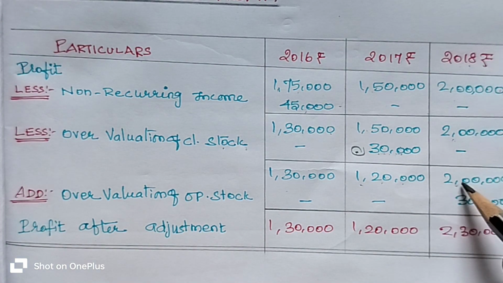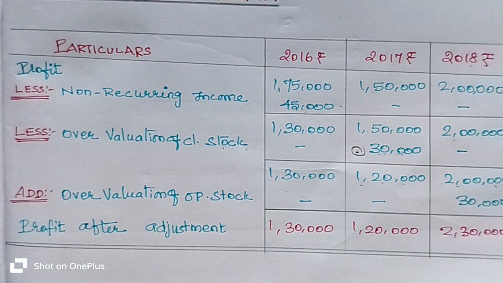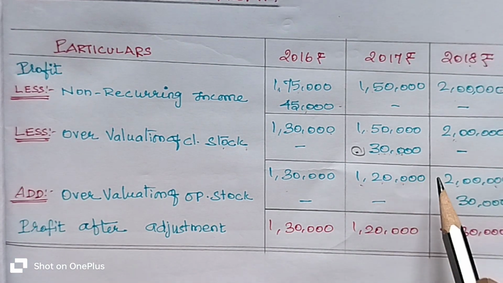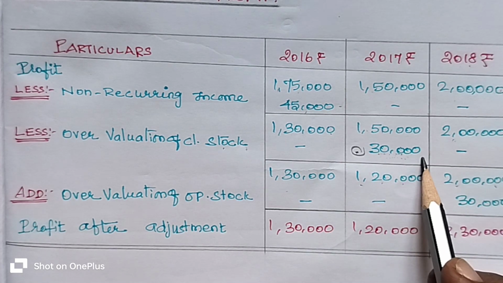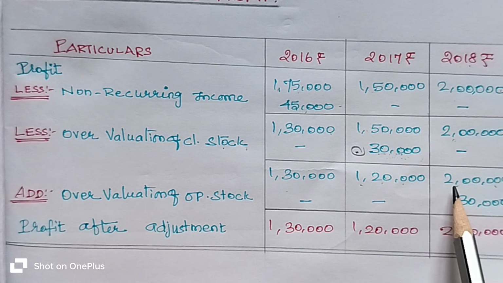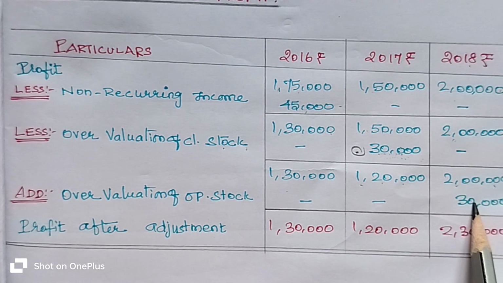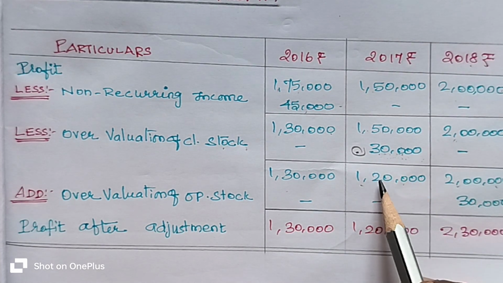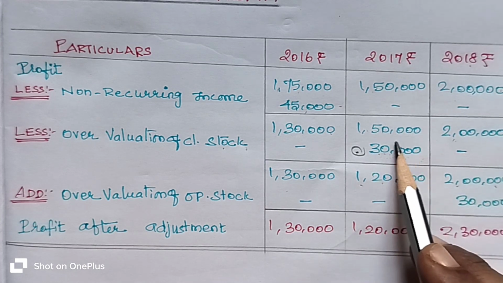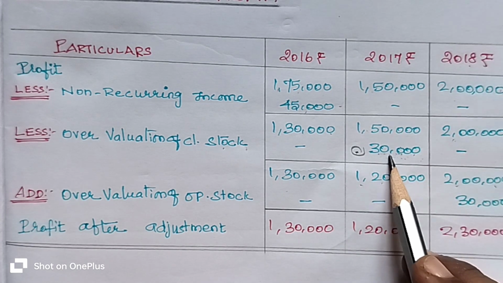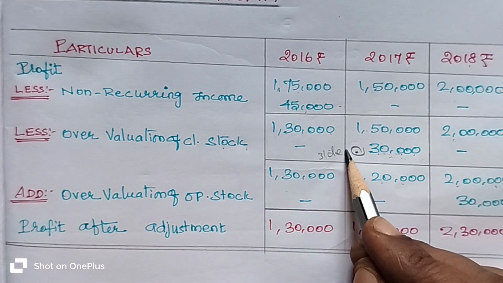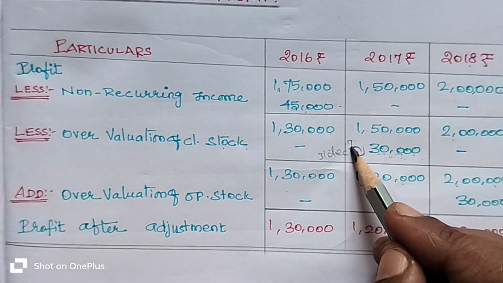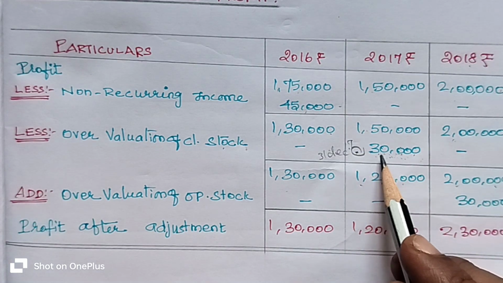Then listen here carefully. The current accounting period's closing stock is the opening stock for the next accounting period. This is the overvaluation of the closing stock of the current accounting period, that means the 31st December 2017 closing stock. So it is the next accounting period's opening stock, right?